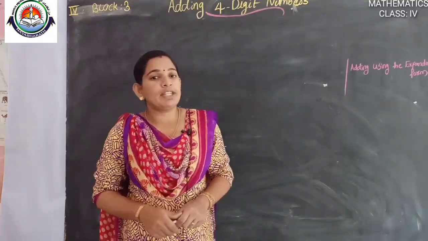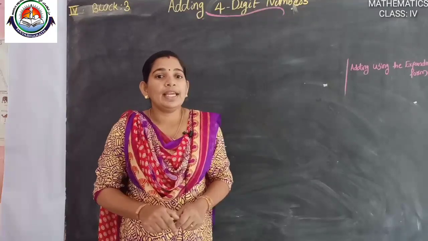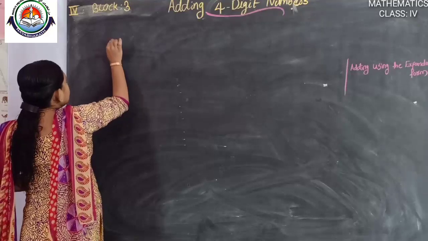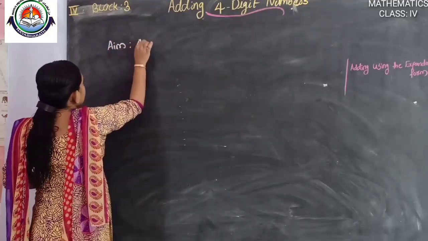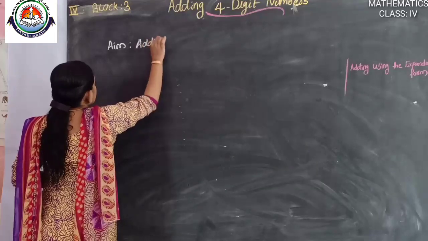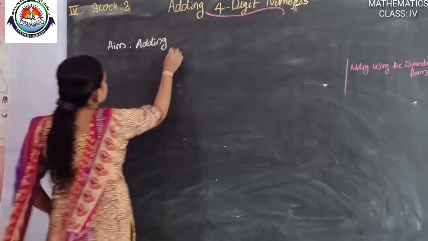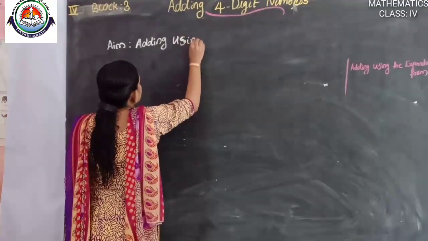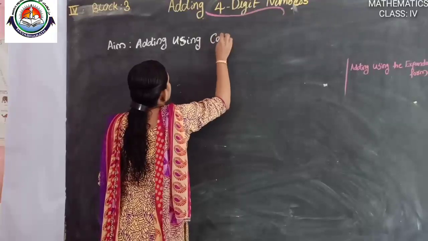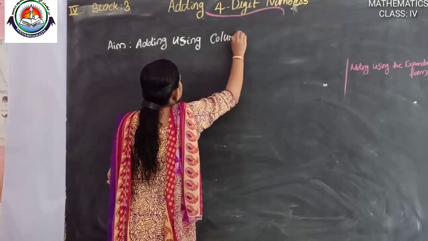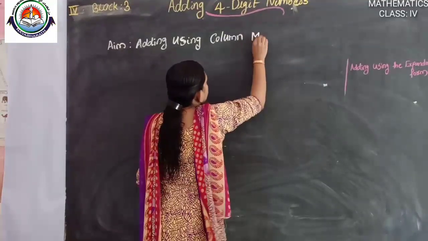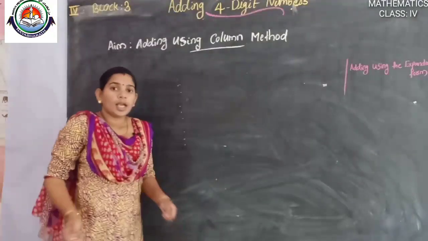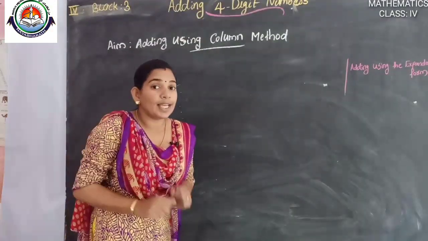So, today's topic is adding using column method. Okay, how do we add using column method?